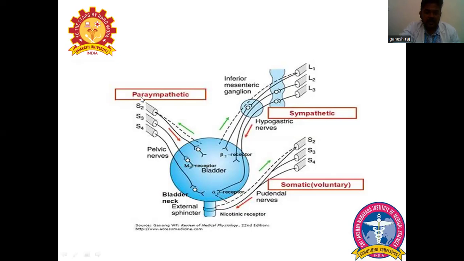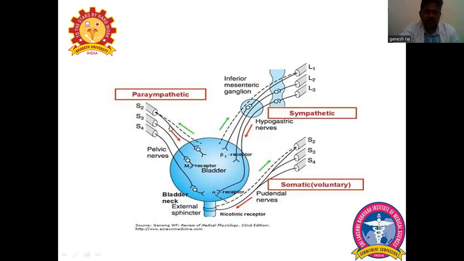The parasympathetic nerves which supply the bladder body, that is, the detrusor and internal urethral sphincter, come from the spinal segments S2, S3, S4. So sacral segments S2, S3, S4 are supplying the detrusor muscle and the internal urethral sphincter.